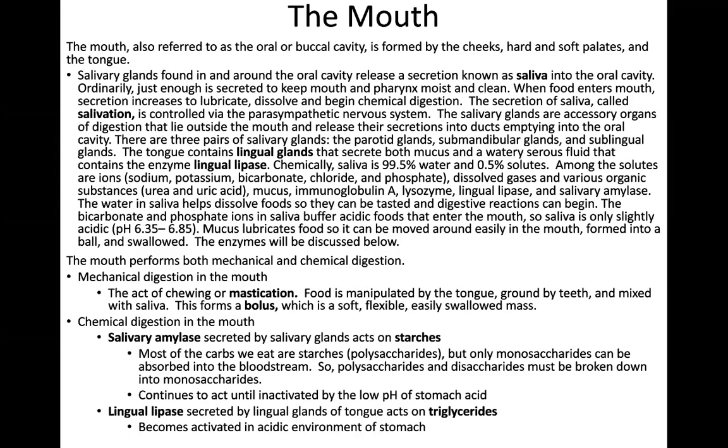So saliva is only slightly acidic, having a pH just under 7, 6.35 to 6.85. Mucus in our saliva is very important because it helps lubricate the food and make it more easily swallowed in the form of what we call a bolus, which is a mass of food and saliva mixed together, which is the mass that we swallow.